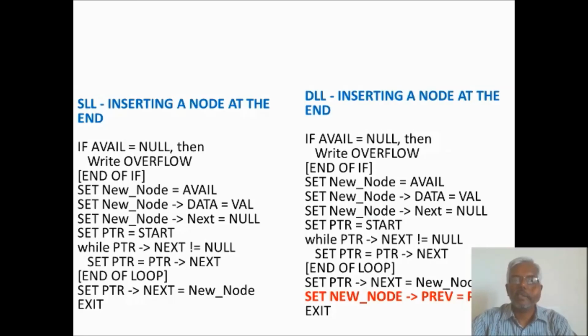So now this is the small comparison between singly linked list algorithm and doubly linked list algorithm. Now for inserting a node at the end in singly linked list, this is the algorithm which we already discussed in the previous classes. And similarly for inserting a node at the end in doubly linked list, there is only one new statement added, that is new node of previous is equal to pointer.